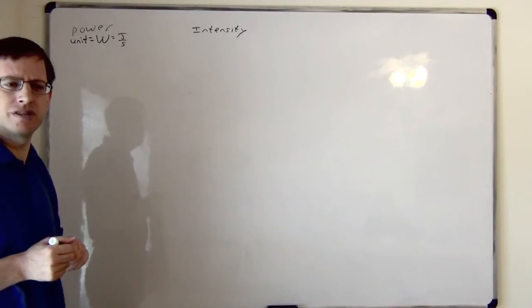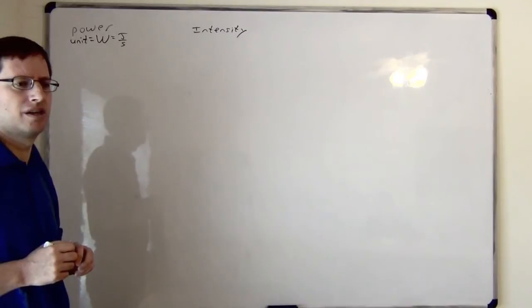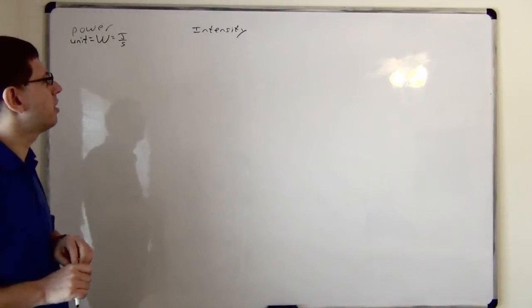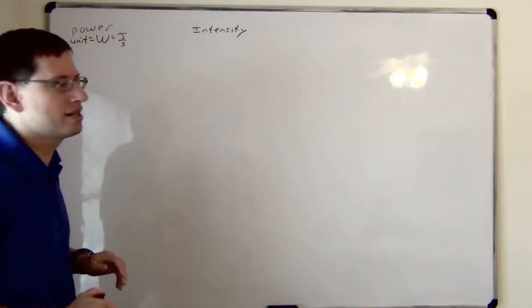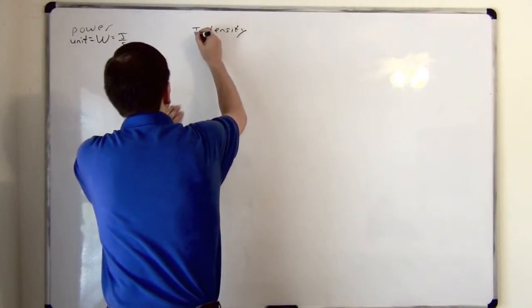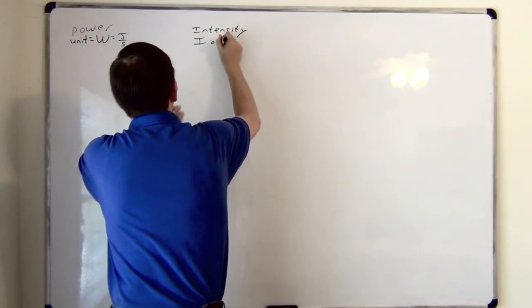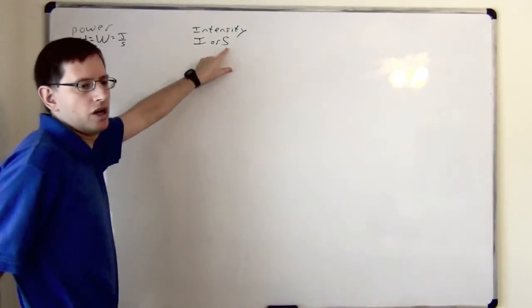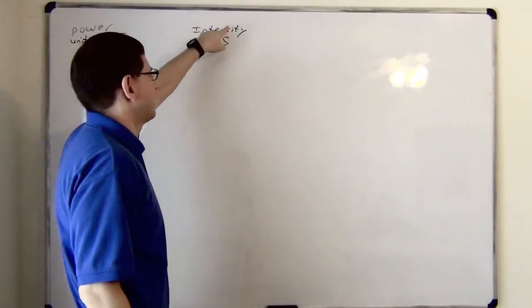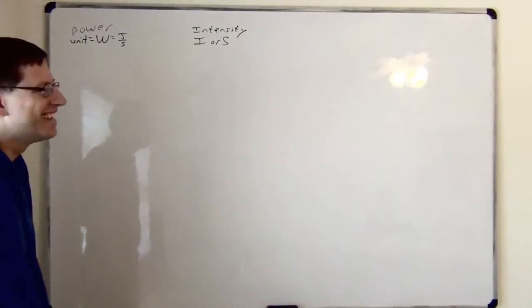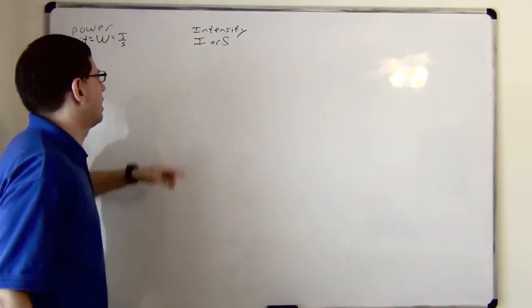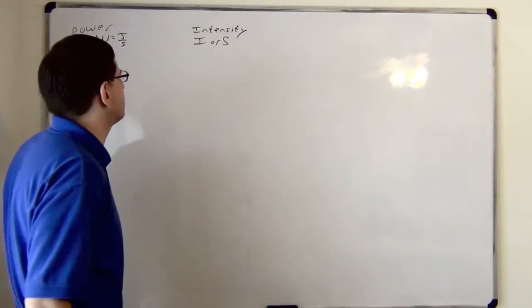They decided to use capital S. So intensity could be called capital I, or actually in this chapter it's more common to call it capital S, I guess because there's an S in the word intensity. Either of these symbols are sometimes used.